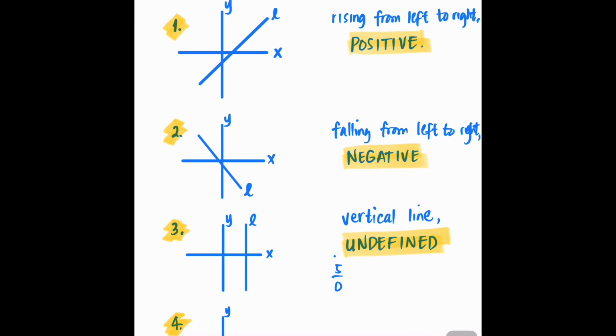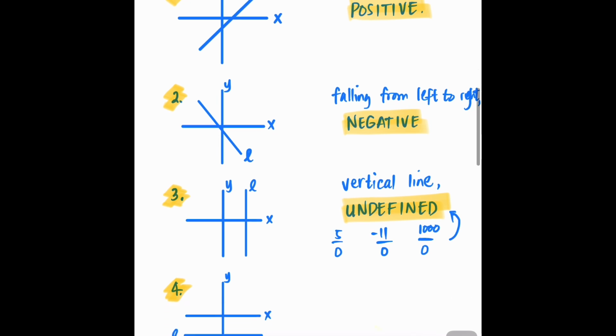You cannot solve for this. Say negative 11 divided by 0. So if you're dealing with fractions that have a denominator of 0, whatever number is on top, say it's 1000, definitely it's incalculable. So that means undefined. So that's for the third case.